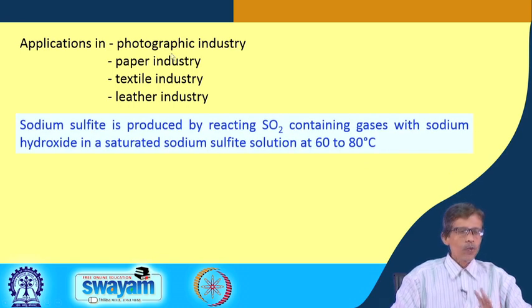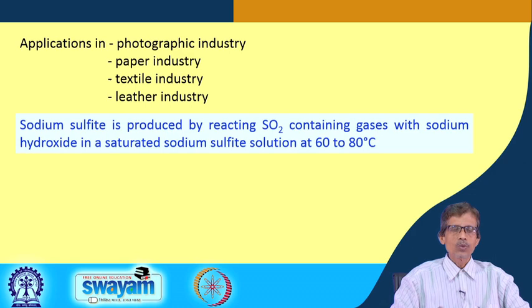So, sodium sulphite, that means Na2SO3, is produced by reacting sulfur dioxide containing gases with sodium hydroxide in a saturated sodium sulphite solution at 60 to 80 degrees centigrade. So, we can go for direct conversion of sulfur dioxide to sodium sulphite.